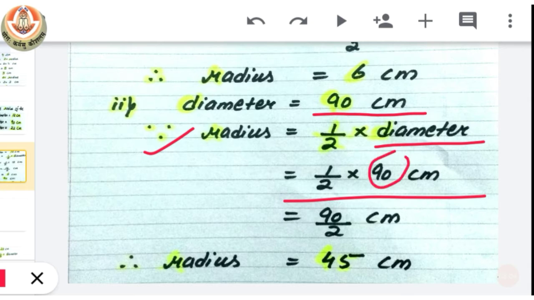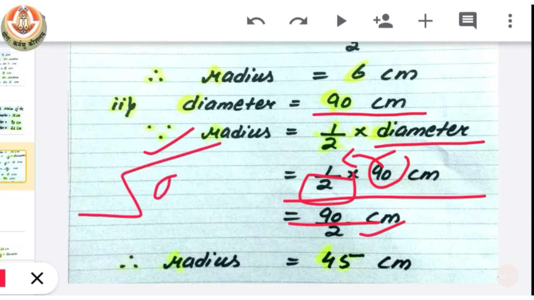Now 90 goes with 1 for multiplication and becomes 90, and the 2 in the denominator remains in the denominator. So it becomes 90 upon 2, which means we have to divide 90 by 2.